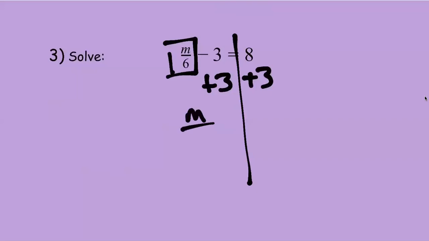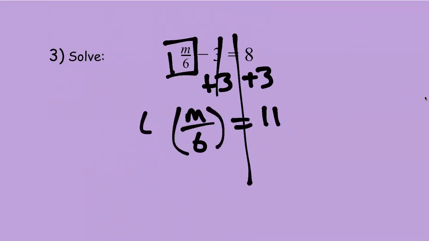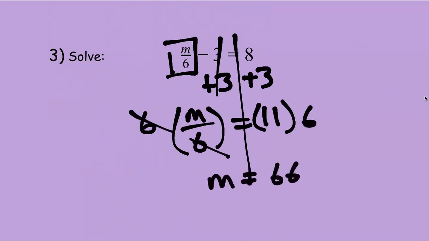That leaves us with m over 6 because these cancel. 8 plus 3 is 11. Whenever you see a problem like this, it's being divided by 6, so the opposite, and how I deal with that is multiply everything by 6. So your 6's cancel, and you get m is equal to 6 times 11, which is 66.